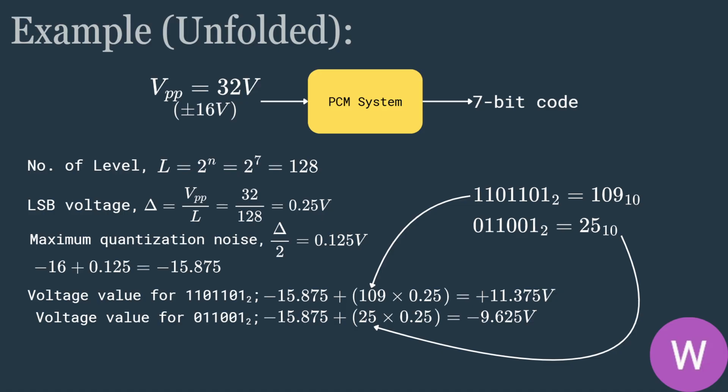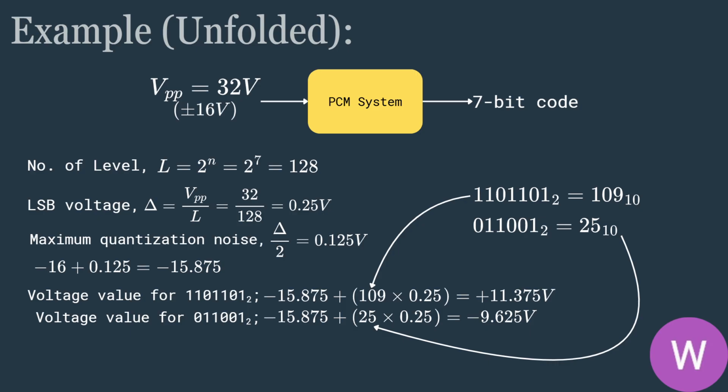So the lowest is negative 16, plus the maximum quantization error of 0.125, and we get negative 15.875 as the VKL. Now we can calculate the voltage value for any given 7-bit code.